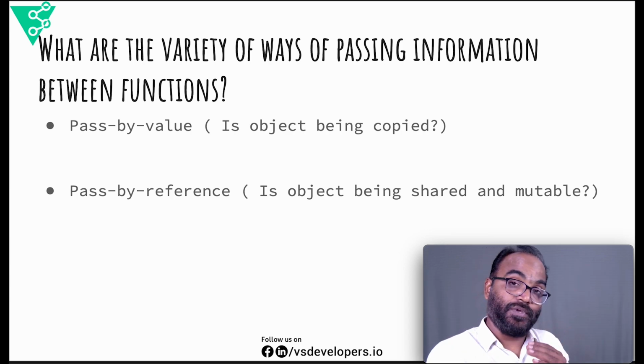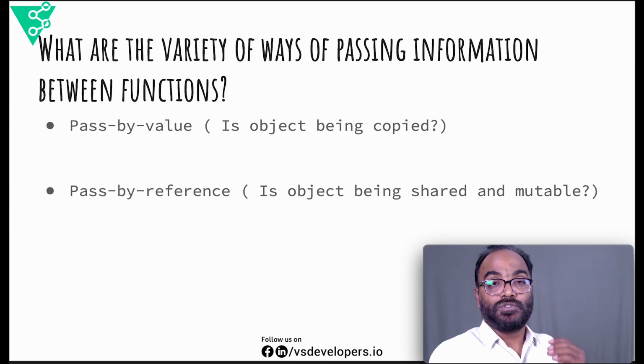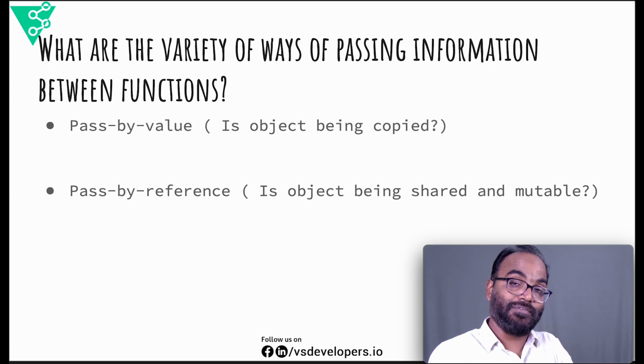Whereas when you use pass by reference, your object is shared with the callee function. So whatever you modify in the callee function will get reflected in the caller function. So you should be very careful whom you allow to modify it.